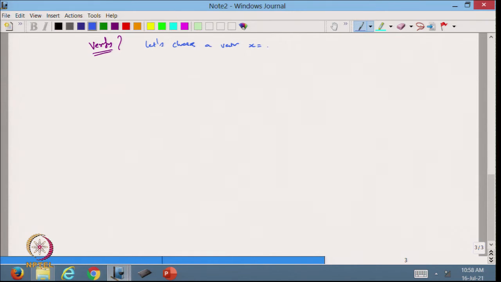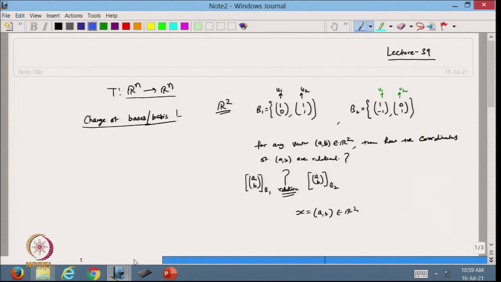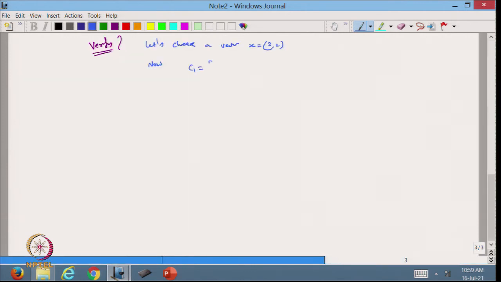So, I just choose the vector x as 3 2, and I have the basis this one. Now, first I have to make the matrix C1. So, C1 is made up of these vectors u1 u2, and what we are going to write here is 1 0 1 1. So, this is my matrix C1.